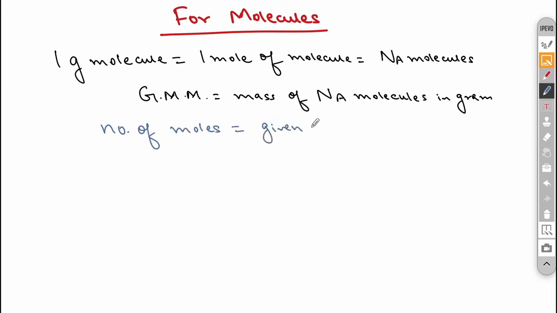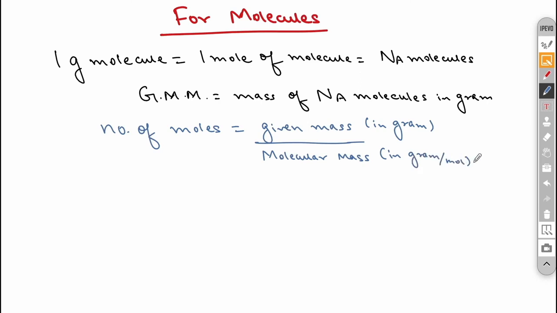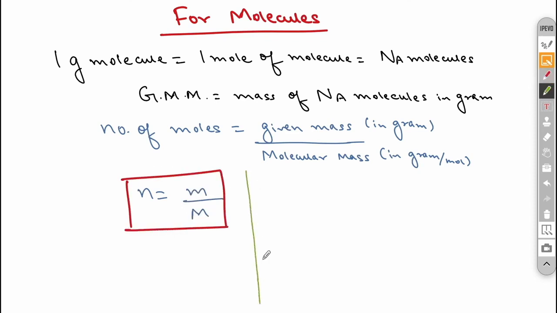Number of moles is given mass, which will be provided in problems mostly, in gram, divided by, for molecules, the molecular mass, which will be in gram per mole. So small n, number of moles, is small m divided by capital M, which is similar to what we discussed for elements.